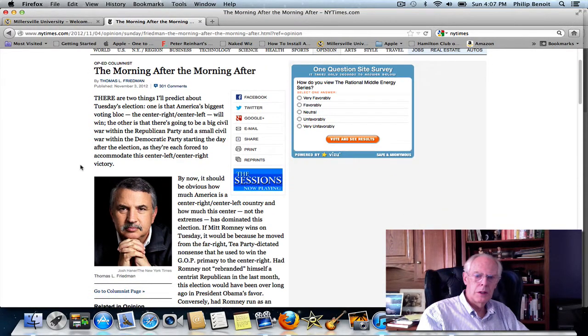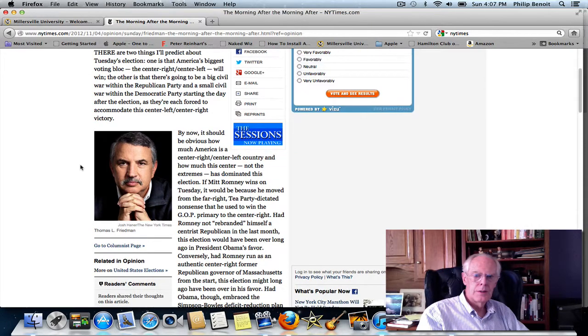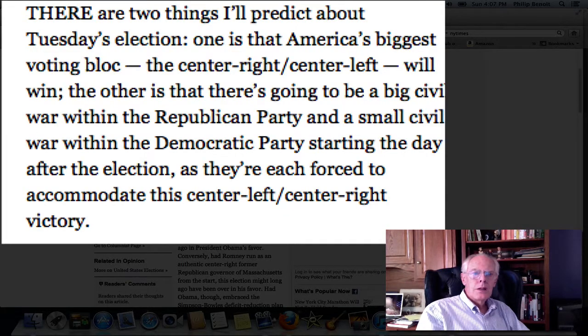We'll scroll down a little bit here to get to the beginning of the first paragraph. So he starts out saying, "There are two things I'll predict about Tuesday's election. One is that America's biggest voting bloc, the center-right, center-left, will win.